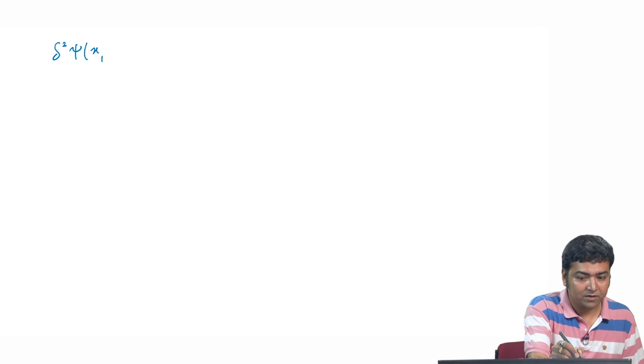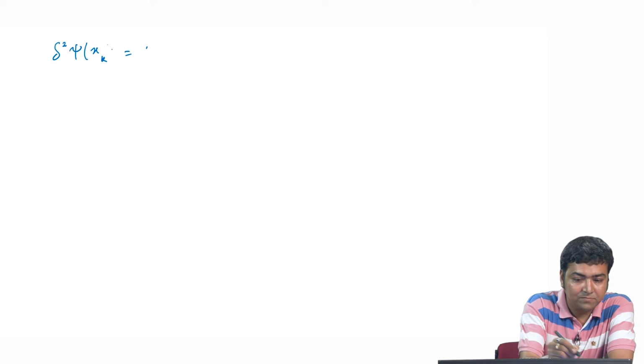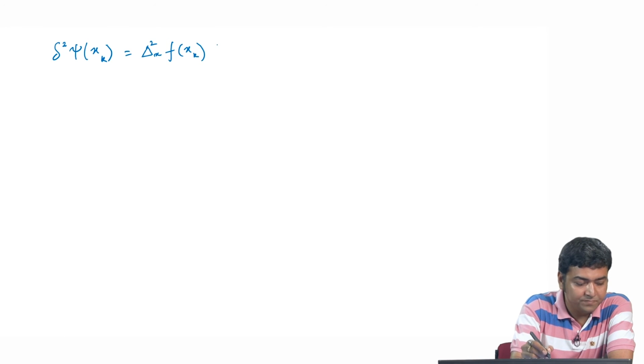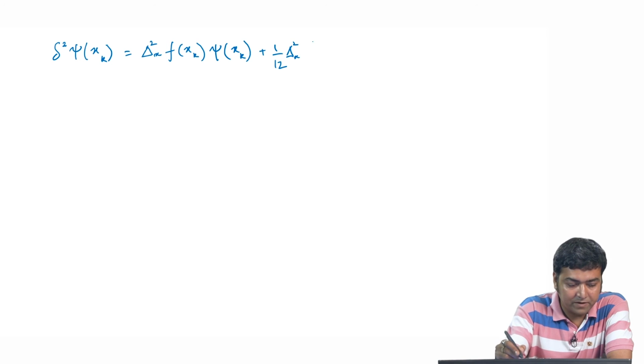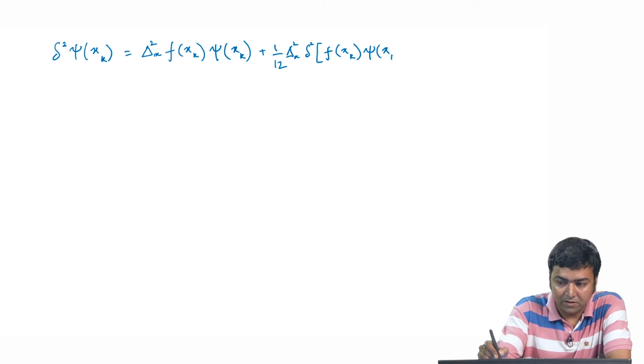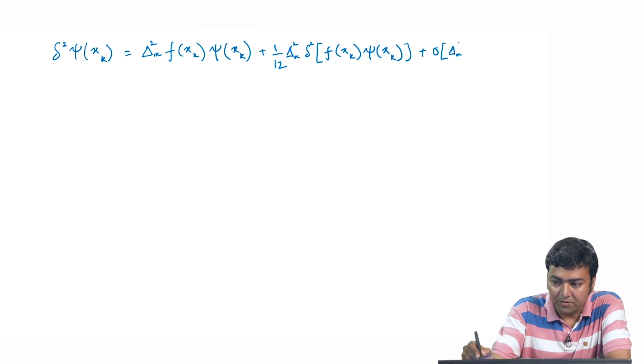So, what we get is the following equation: the second derivative of psi at x k equals del x square f at x k psi x k plus 1 by 12 del x square del 2 f at x k psi at x k plus order del x to the power 6.